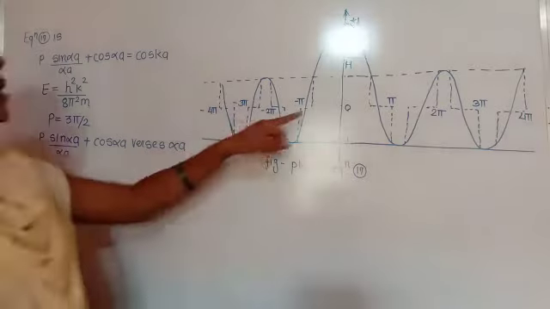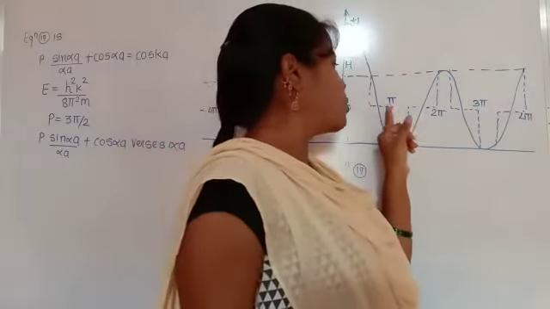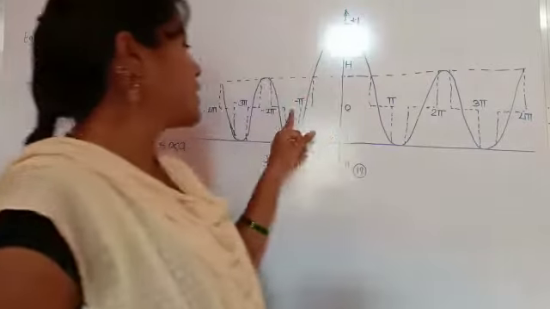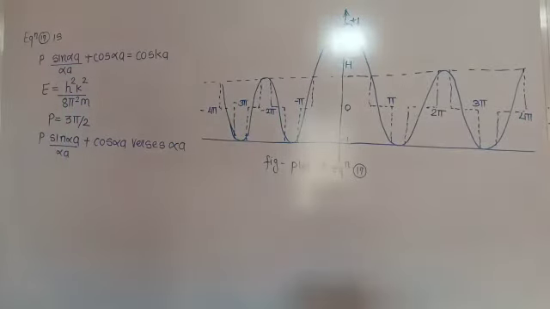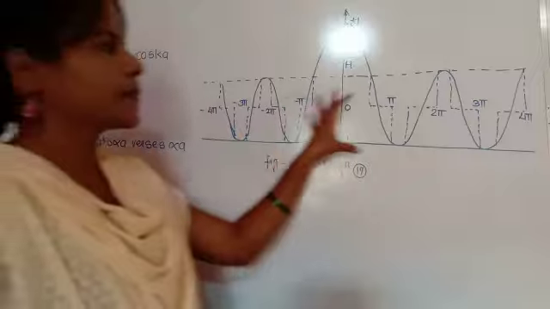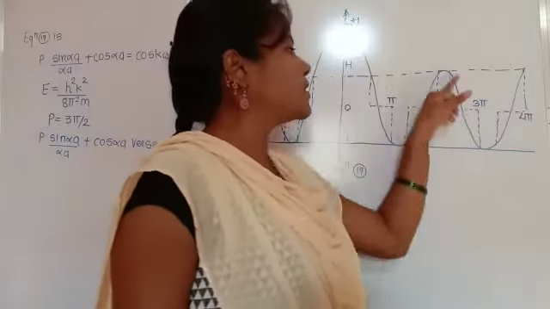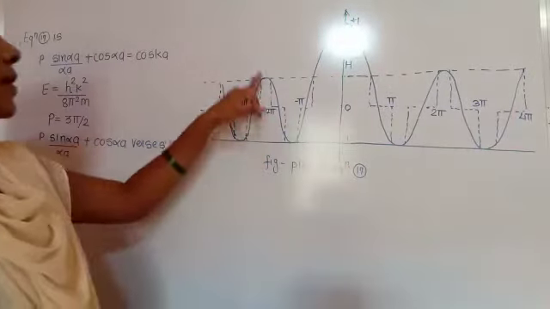These are the energy bands, that is plus pi, 2 pi, 3 pi, 4 pi, and minus pi, minus 2 pi, minus 3 pi, minus 4 pi. These are called the energy spectrum, and it consists of an infinite number of allowed energy bands. These are the allowed energy bands which we get in the diagram.